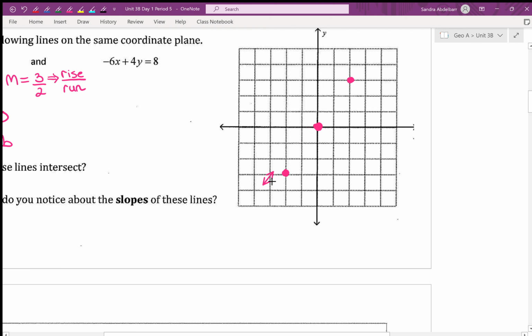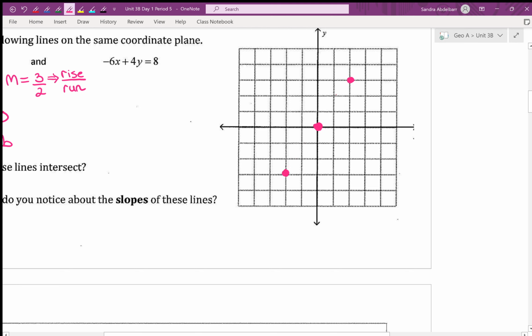Why is this line not working out for me today? All right, I'm just going to freehand this.